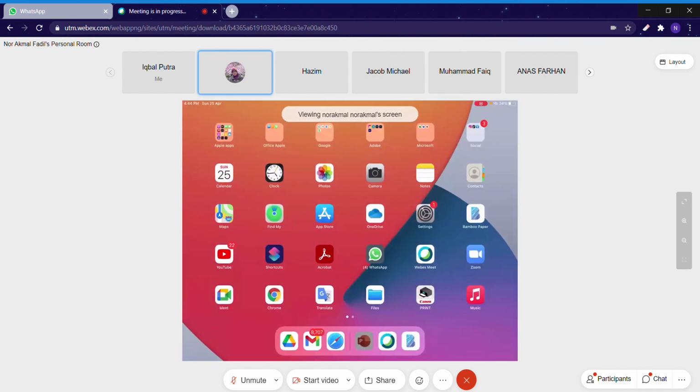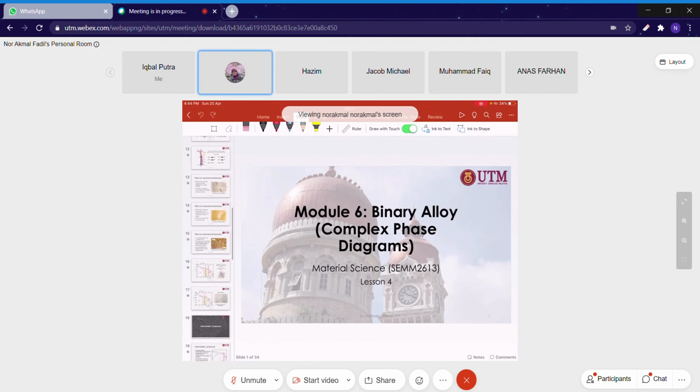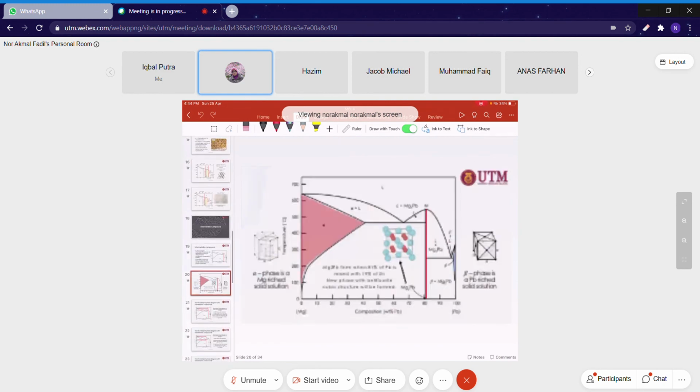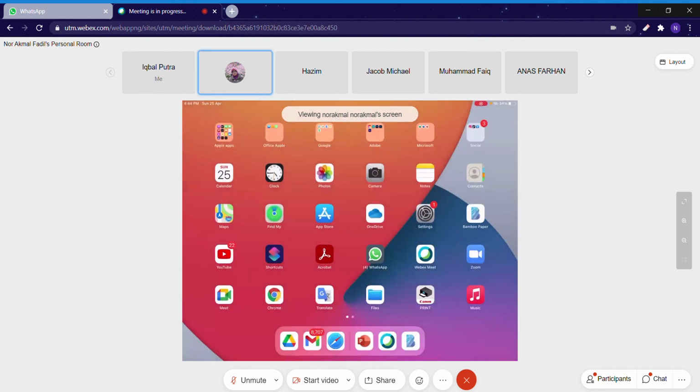Okay, we go back to our lecture note here. Look at this vertical line. This vertical line is coming from the left and the right side is liquid. That's the reason this region contains liquid and intermetallic Mg2Pb. Similarly, the concept is similar.